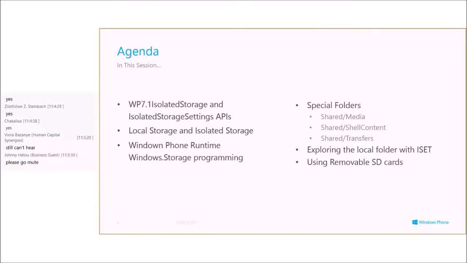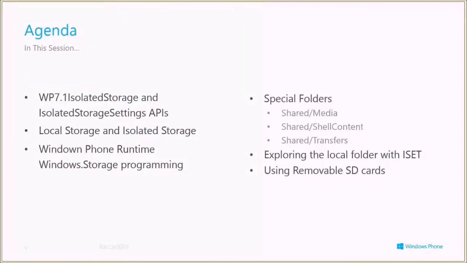We're going also to talk about the special folders that exist in Windows Phone applications, which are the shared folders like the media or shell content and the transfers. We're also going to go through exploring the local folder with some tools that we're going to share, and how to use the removable SD cards in your applications, whether to read from them and so forth.